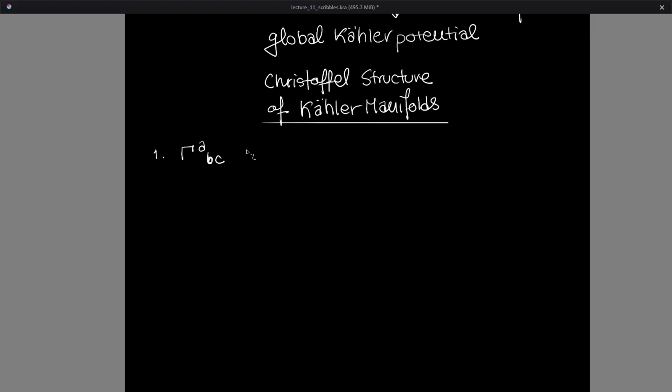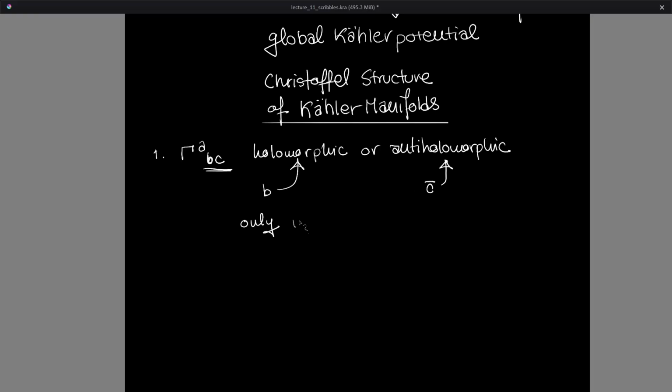So we're saying that these bottom indices can either be holomorphic or anti-holomorphic, right? Maybe we haven't addressed this explicitly before, but the non-barred indices are holomorphic and the barred indices are anti-holomorphic.